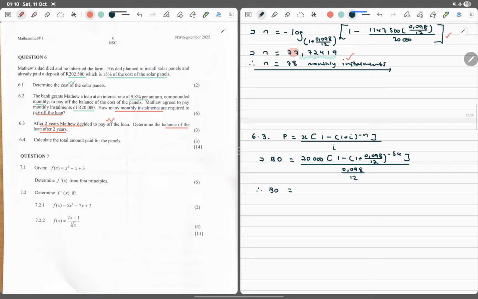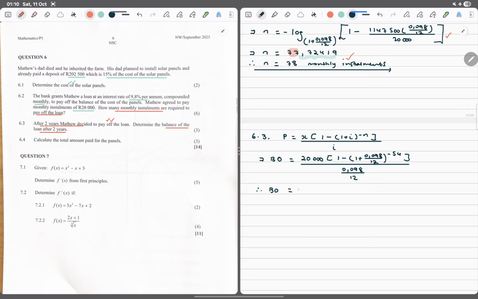Okay, so therefore our balance outstanding after 24 months, what is it gonna be? So let's see, this is 20,000 into 1 minus 1 plus 0,098 over 12. Again, guys, we need to be meticulous here. Things can go wrong with incorrect substitutions, and that can be a nightmare.